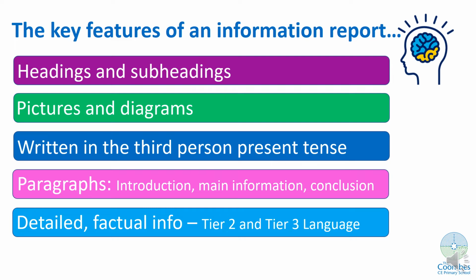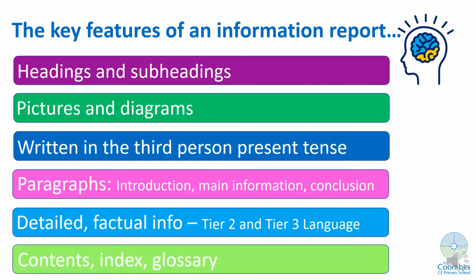And so in these kinds of texts you will see a lot of Tier 2 and Tier 3 language. And finally, in an information book you will often find a contents page, an index and a glossary, and we'll investigate those a little bit further in a moment. These features are all going to be really important for the work you do over the next few days.